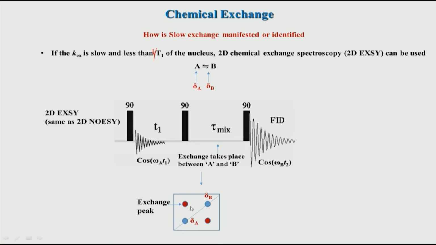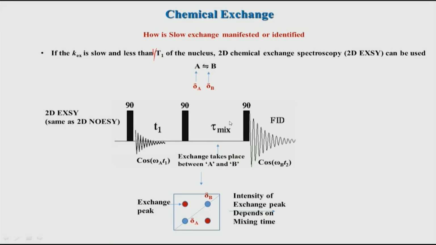So, therefore, you expect to see intensity from both sides, A getting converted to B and B getting converted to A. This is how the exchange peak will look, and remember it is an exchange during this mixing time, called the mixing time. Now, if I give a very short mixing time, that means I am not allowing A and B to exchange.